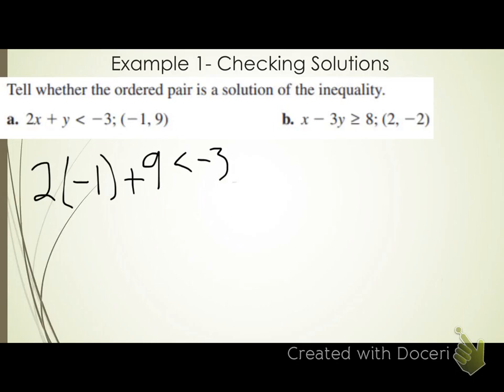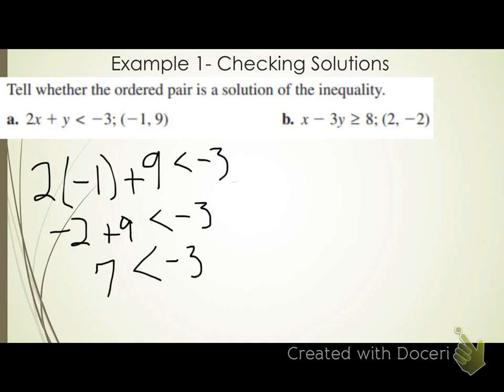It's less than -3. So now I'm just going to work down both sides of my inequality, see if I get a true or false statement. What's 2 times -1? -2. So I get -2 plus 9 is less than -3. What's -2 plus 9? 7.